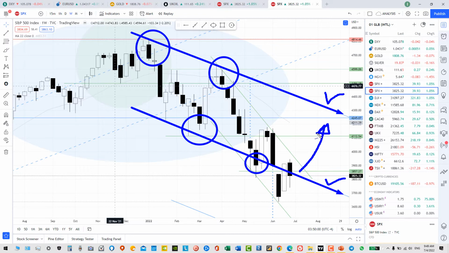as the S&P 500 is below the important weekly resistance around 4,245, make it easy, 42.45.